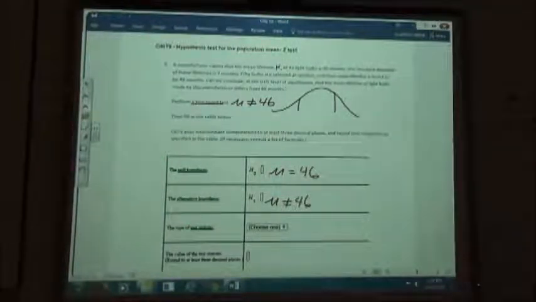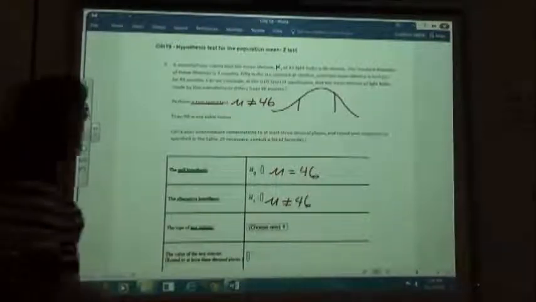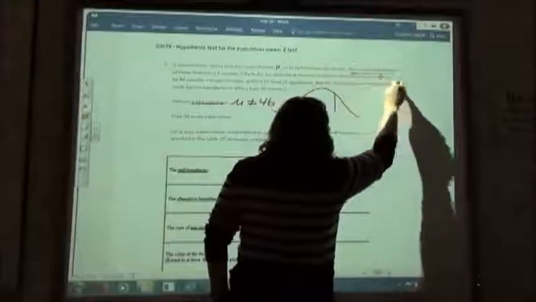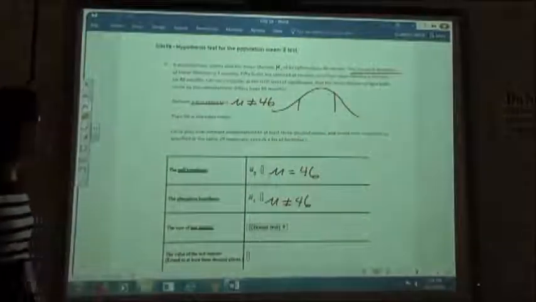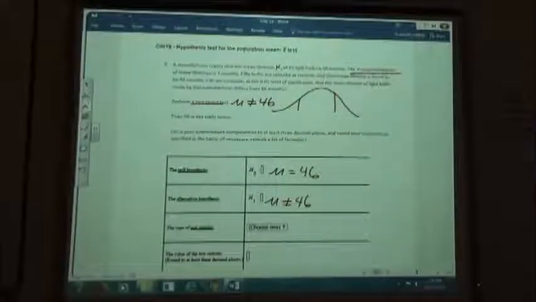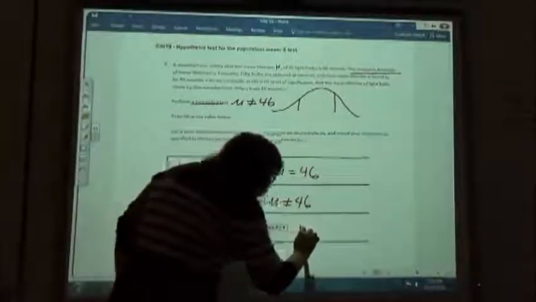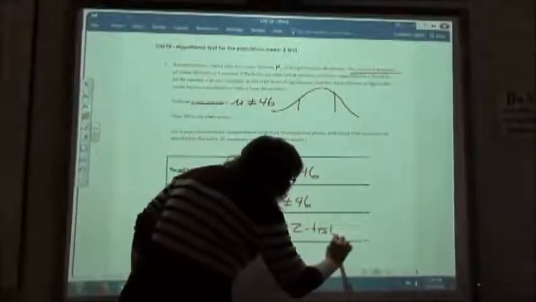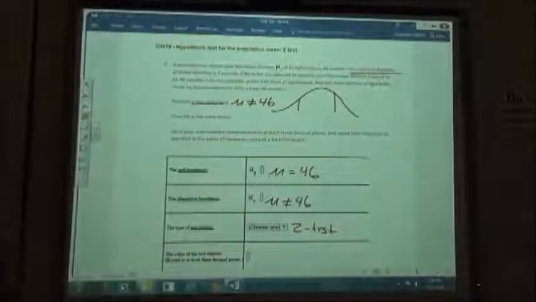So, it asks you what type of test statistic you have. If I know the population standard deviation, then we do the z-test. We had a z-test, we had a t-test, and we had the chi-squared test. So on these ones, we're doing the z-test because we know the population standard deviation.